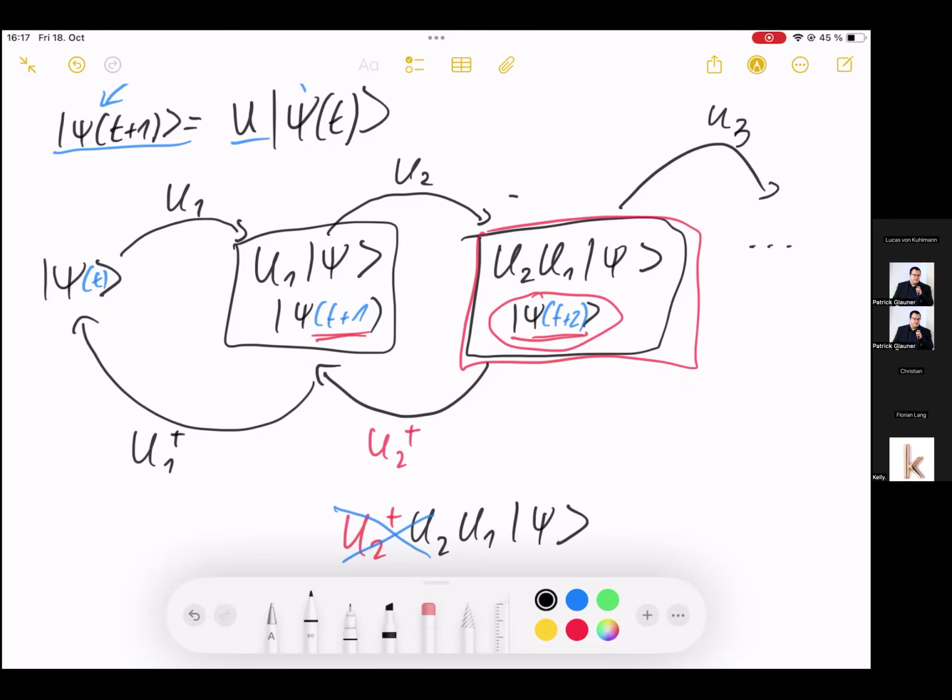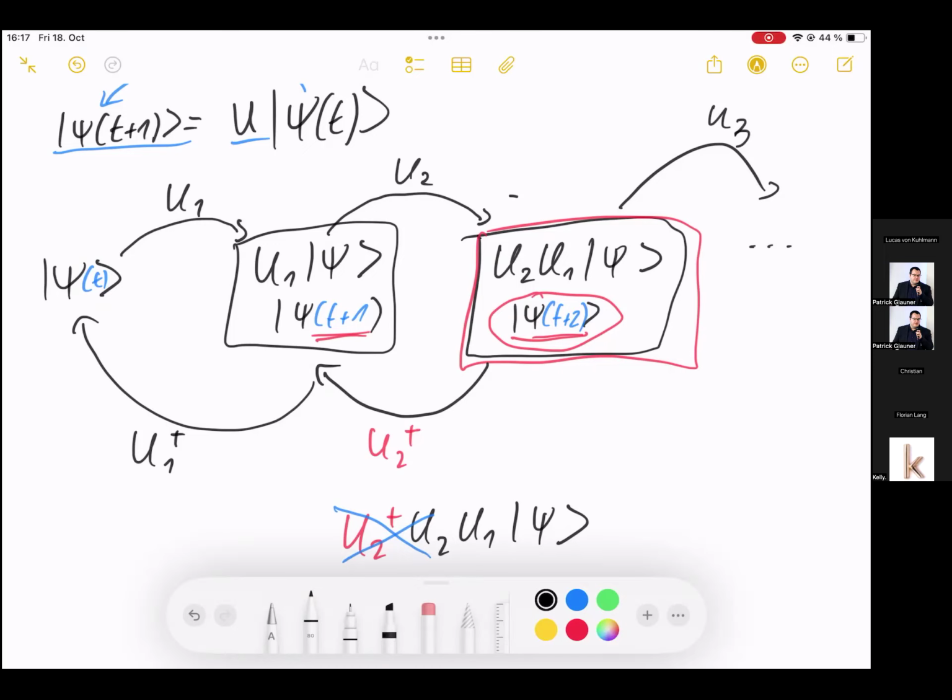In the slides and in the book, you find a more generic example with more steps, up to n many steps or n minus 1 steps or something, and then it's undone. But I've just shown you the essence here and probably have shown it in a few more details than it's shown in the book.